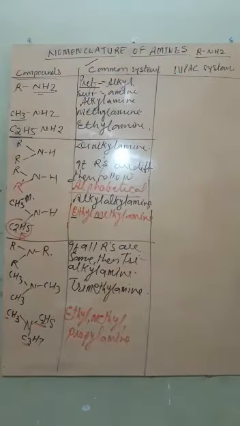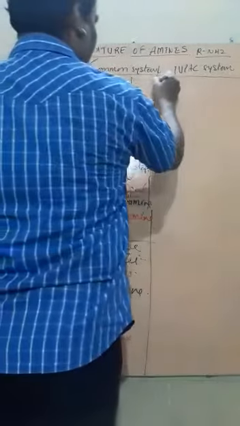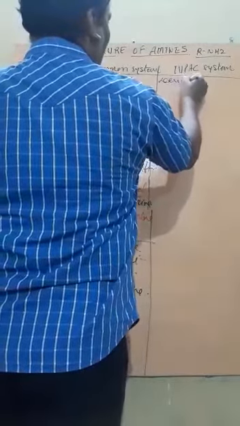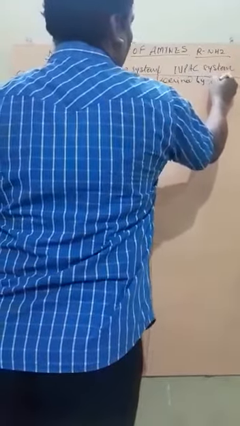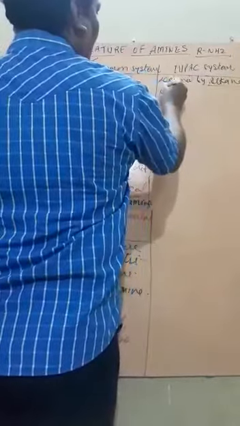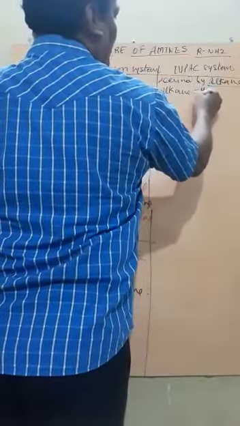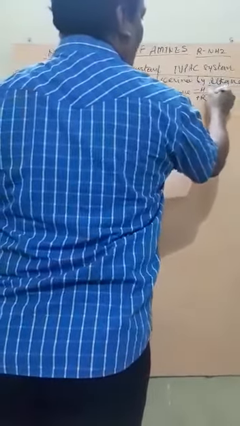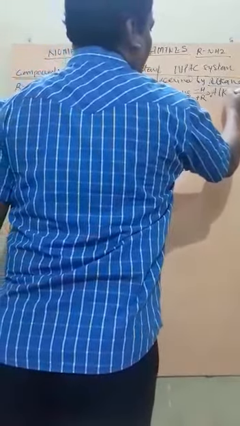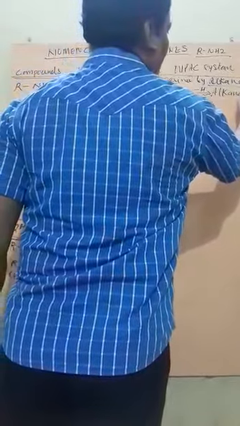Student, in the IUPAC nomenclature system, it is considered that amines are derived from alkane. Like alkane, minus H plus R, that will become alkane and amine.